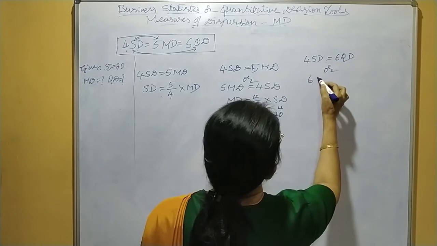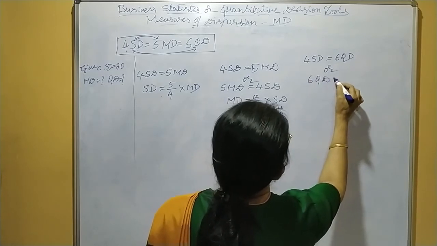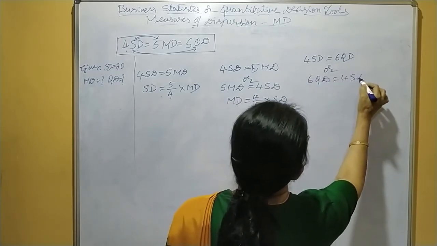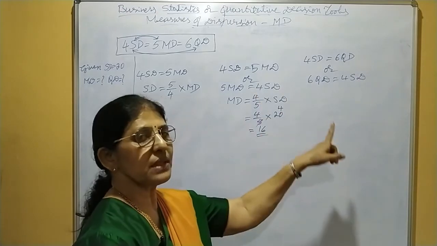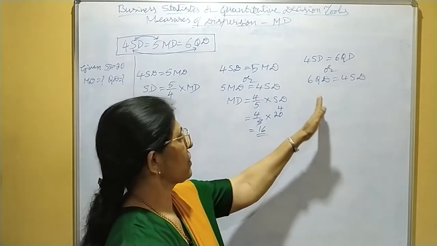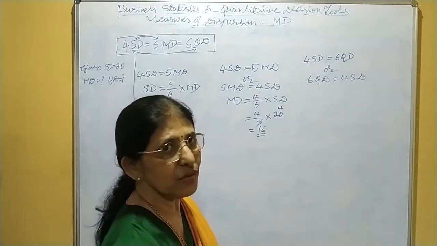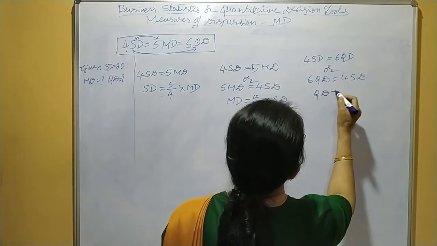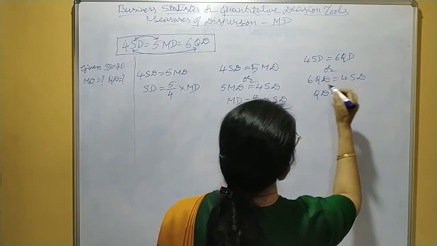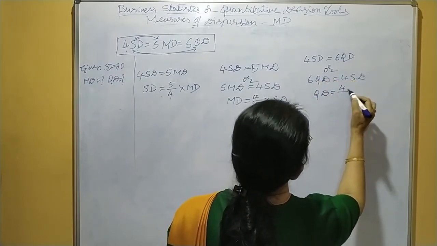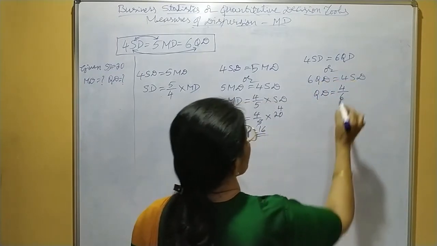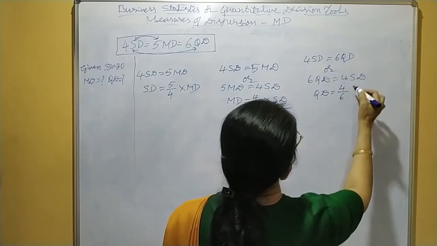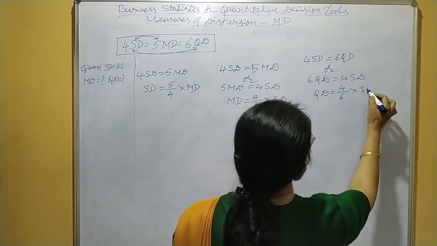That means 6qd equals 4sd. 4sd equals 6qd or 6qd equals 4sd, both are the same. Now we have to calculate qd. qd equals, this is q into d, so multiplication will become division. That is 4/6 into sd. 4sd means 4 into sd.